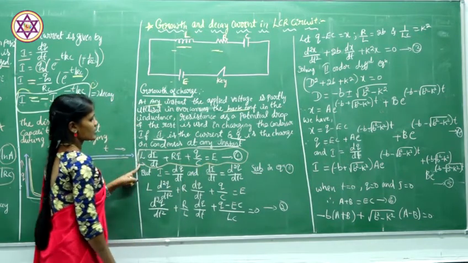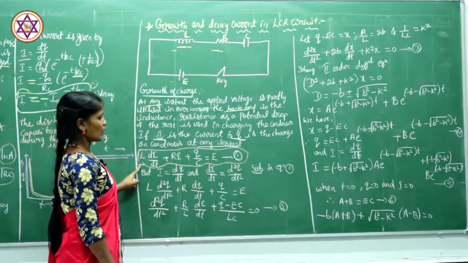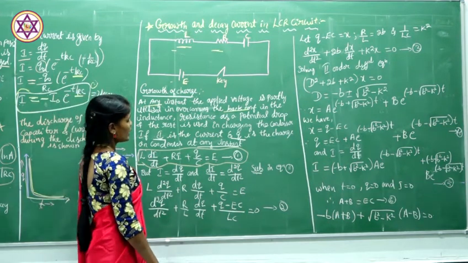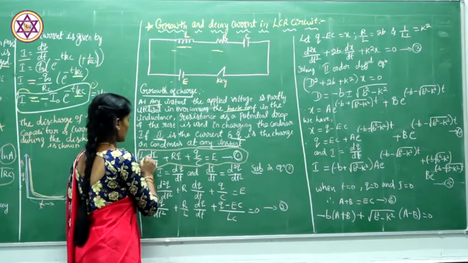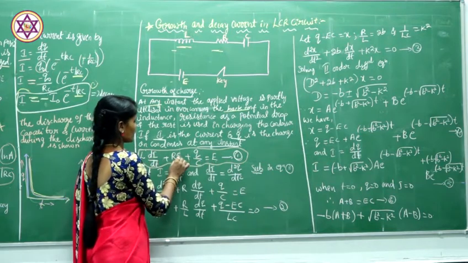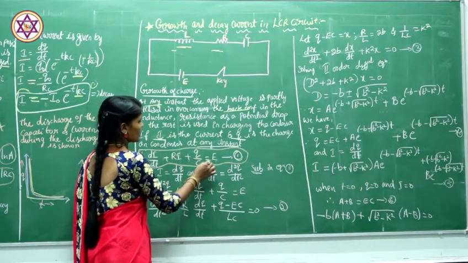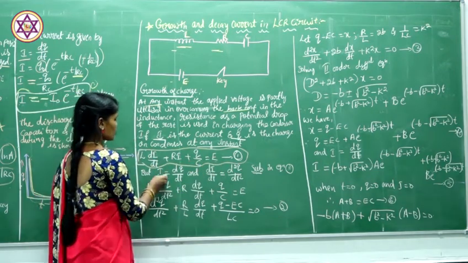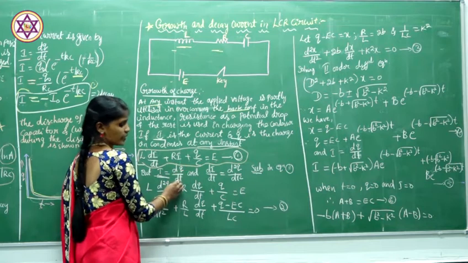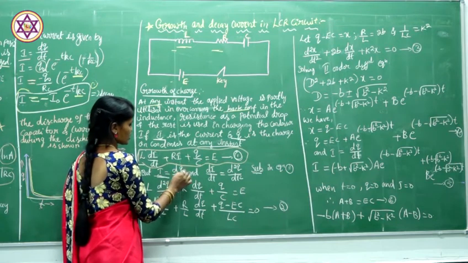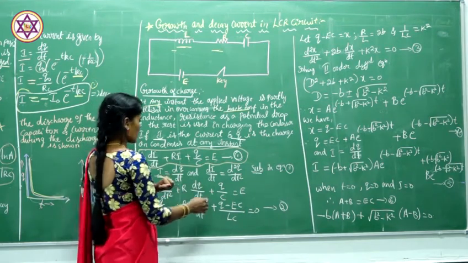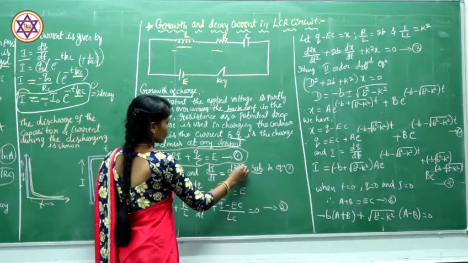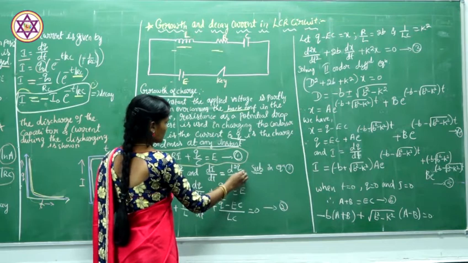So this is the LCR circuit, growth and decay of current in an LCR circuit. L into di by dt plus R into I plus Q by C is equal to E. But I we can write as dq by dt, and di by dt is equal to d square q by dt square.